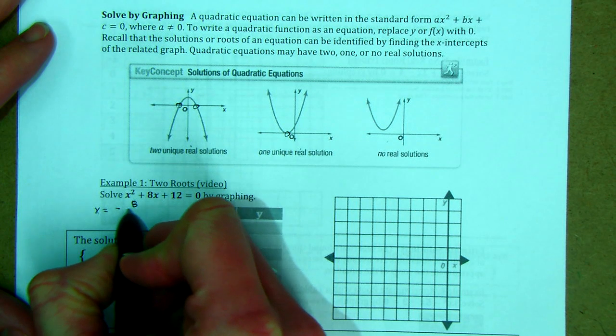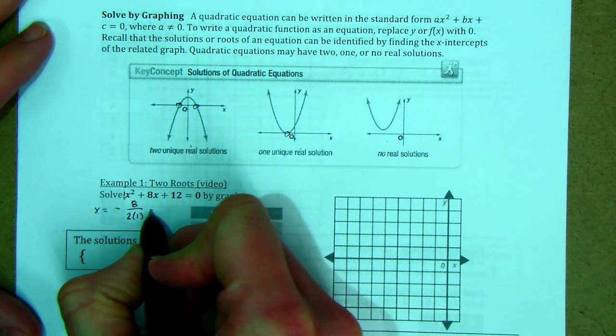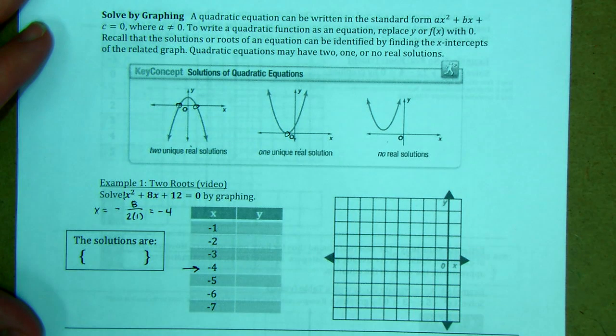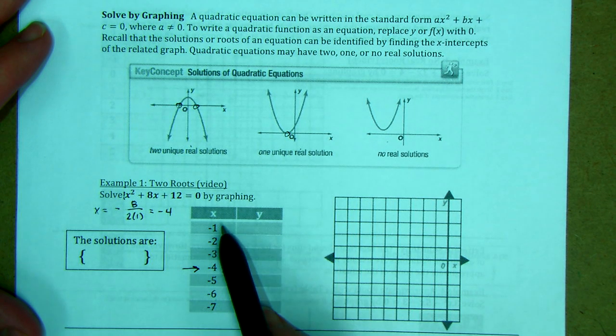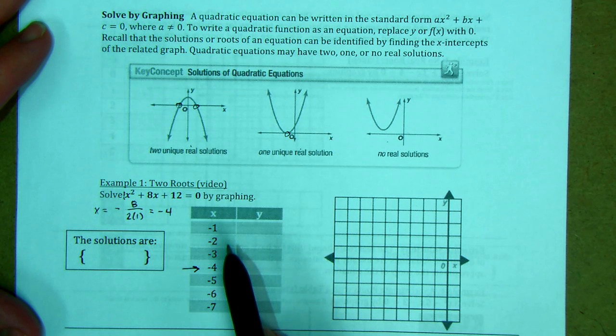So notice that was my middle number. Usually I would say always plug in 0, but I'm guessing that that's not going to be part of our graph over here. So I'm going to give you the numbers to plug in. Let's start plugging these numbers in.